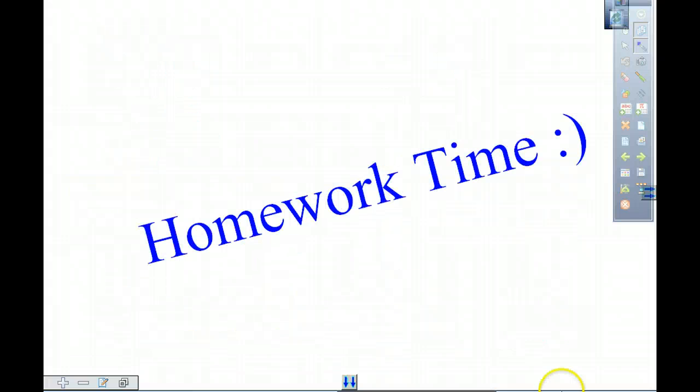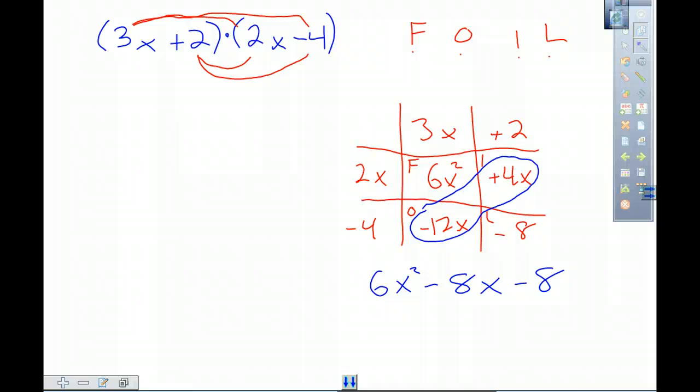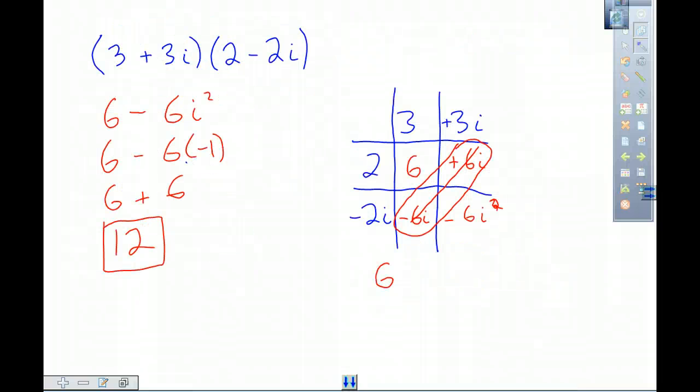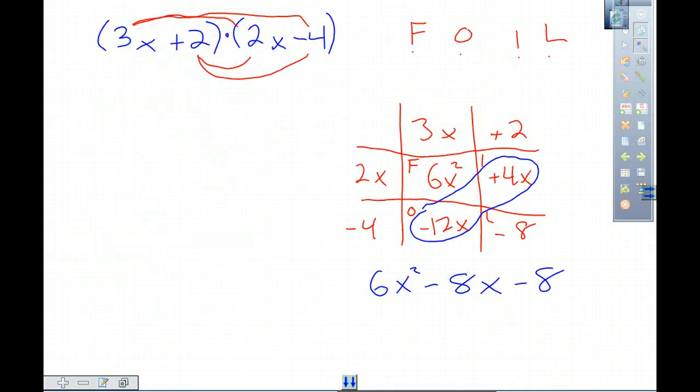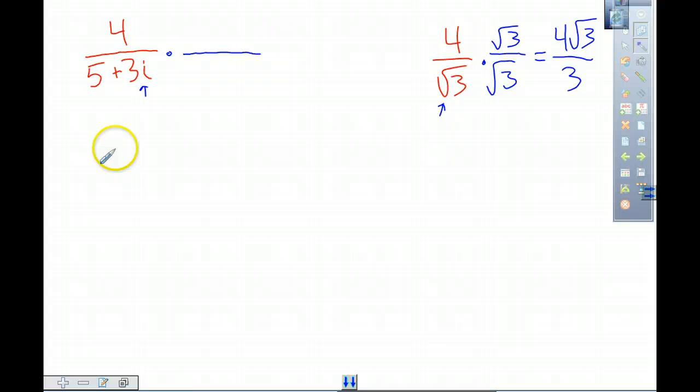Kind of saw it on what we just did right here, where imaginaries can cancel out in the middle. How can we make this happen every time and not have to guess and check, so that we get an answer that comes out to a regular old number? So that's the goal. Let me give you the method.